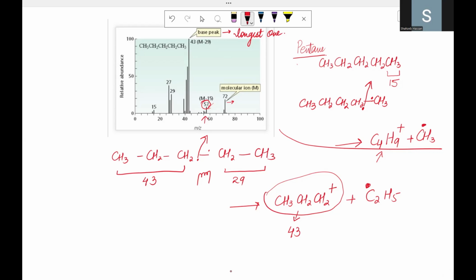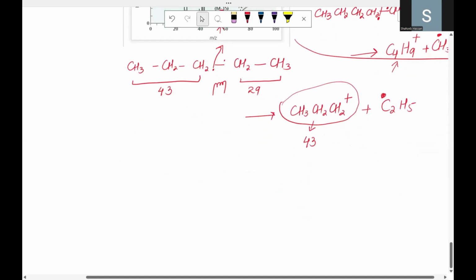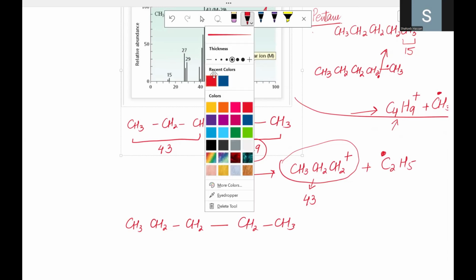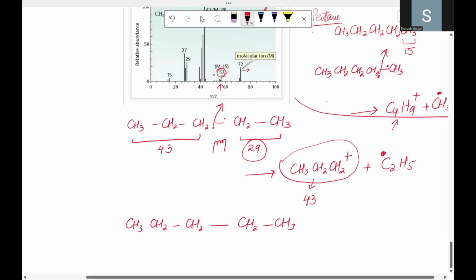Now let's move further and see what is going to happen. We have this CH3, CH2, and CH2. Again, the bond is going to break from this position. So how does this 29 actually come here? Let's see.